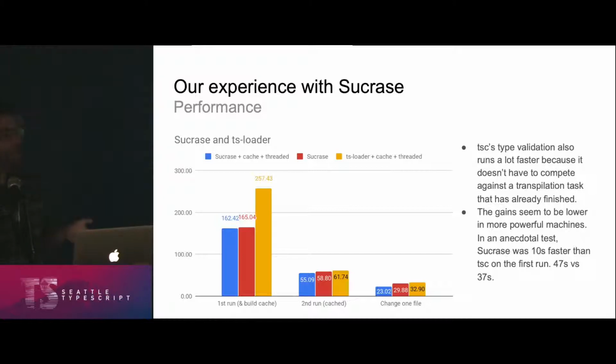And we've seen that in more powerful machines, mine is not the best, this is not so significant, but still you get good improvements like 10 seconds difference. So from 47 seconds in the TS loader plus cache plus thread loader to 37 seconds is a 10 seconds difference in the first build. It's still significant even in a really fast box.